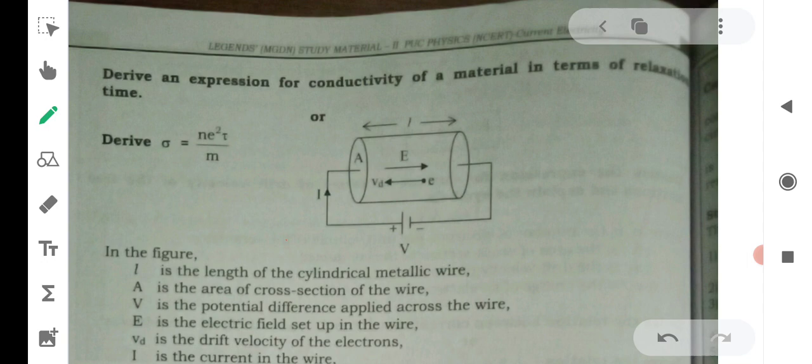Students, for example, there is one conductor, a metallic wire. If a potential difference is applied to this metallic wire, a number of free electrons are there.